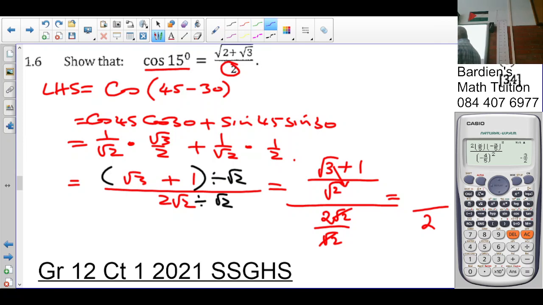I can rationalize the denominator. Nope, there's not no. Yes? Root 2 over 2 is the same as 1 over root 2. That's the same. Root 3 plus 2.